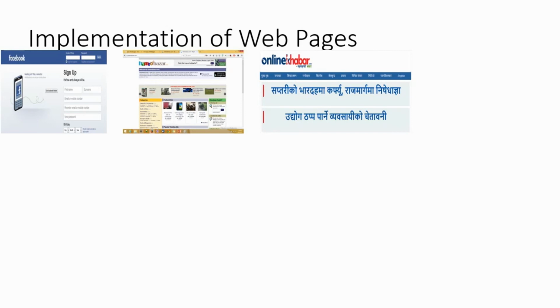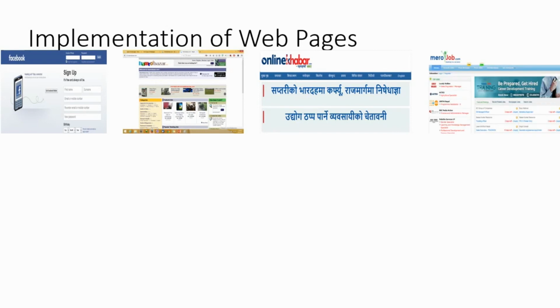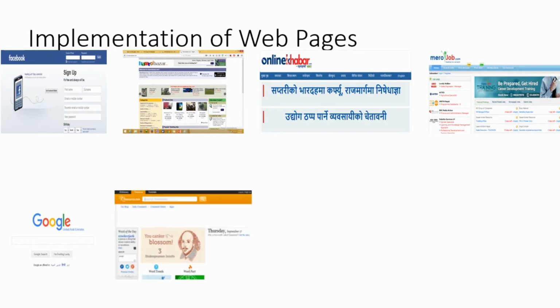Next is a career development website, and the finest example is merojob.com. Of course, you also can have a search engine website, that's Google. And for any other educational site, I have kept Thesaurus.